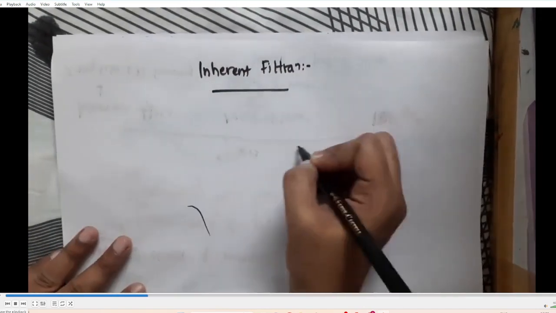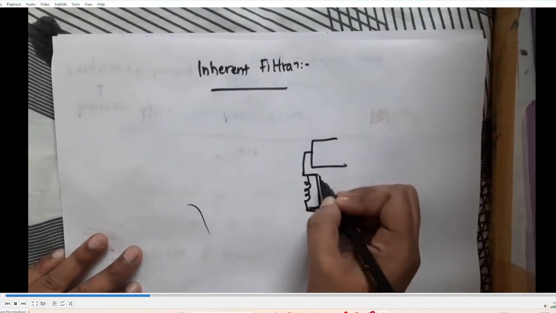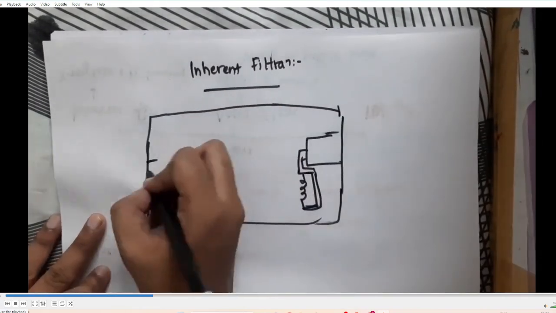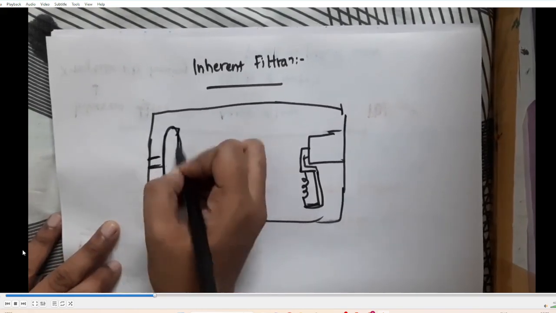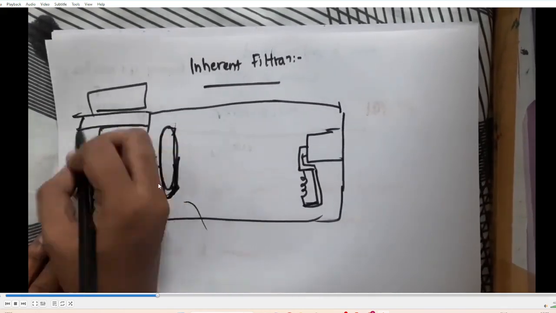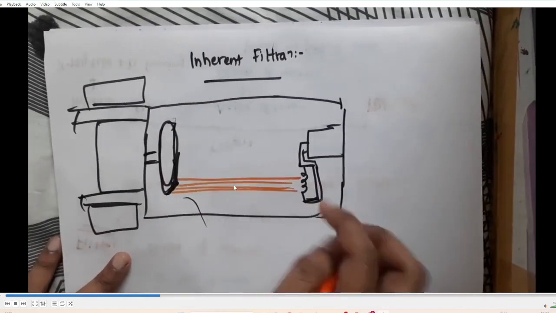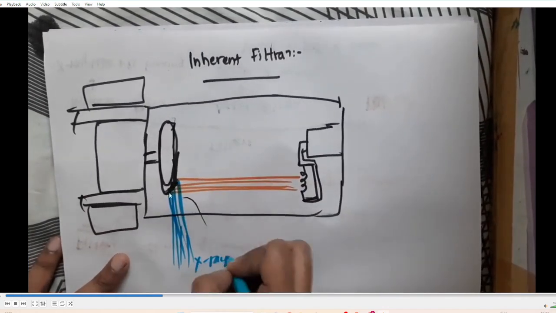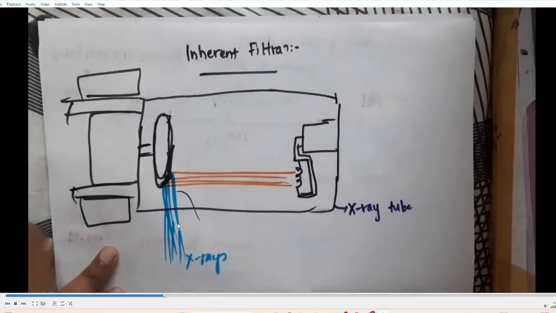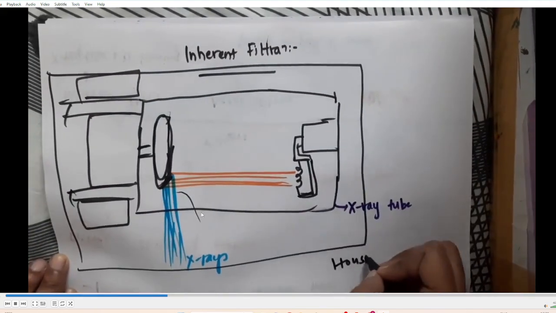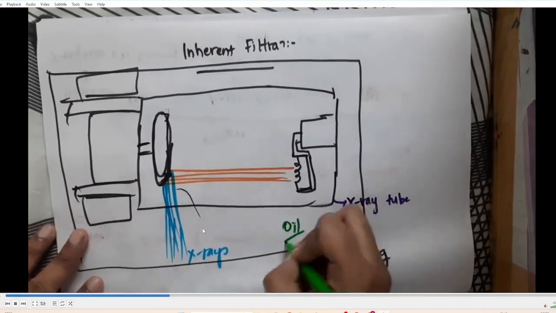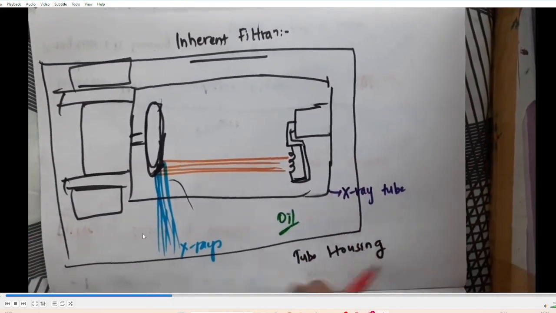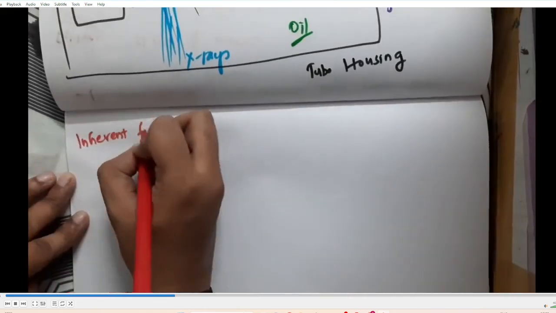Inherent filtration results from absorption of X-rays as they pass through the X-ray tube and housing. So this is the X-ray tube. As electrons hit the target anode, X-rays are produced. As these X-rays pass through the X-ray tube and the housing, absorption of X-rays occurs.